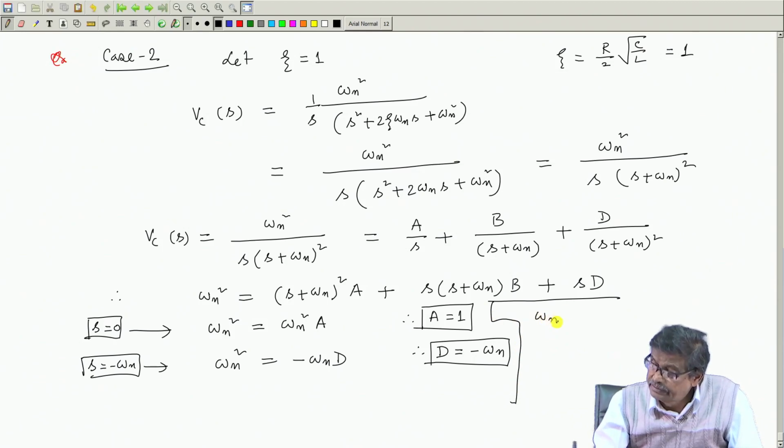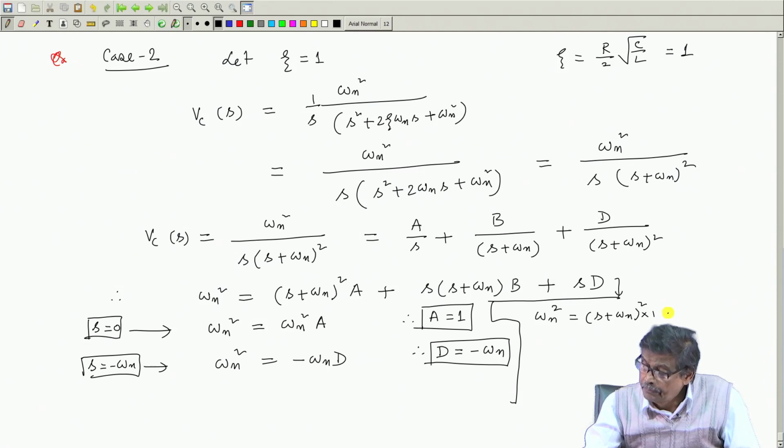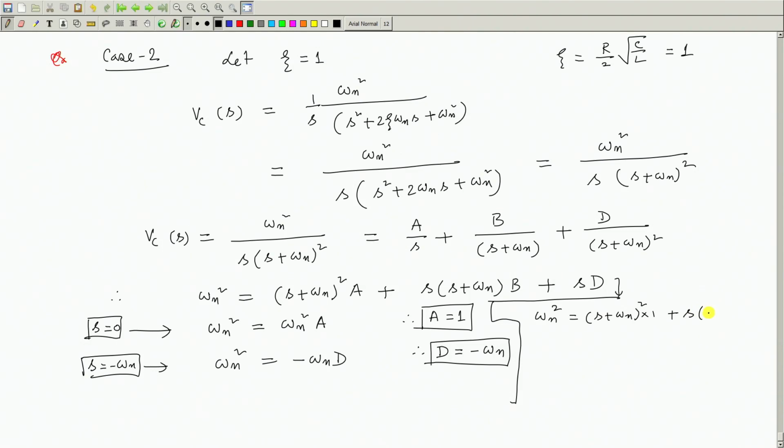I will write the same equation here: omega n square is equal to s plus omega n squared, a is 1, I know, I put that, plus b is unknown, s into s plus omega n, into b, and d is known, minus omega n into s. So, in this expression put some suitable value, maybe s equal to 1.